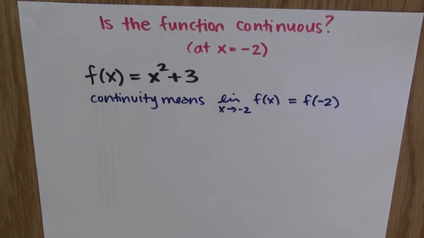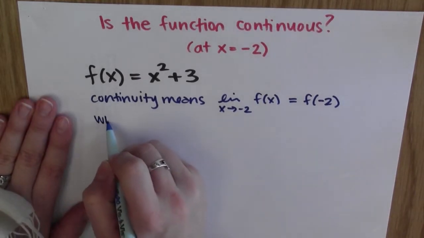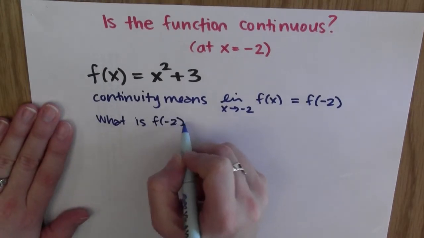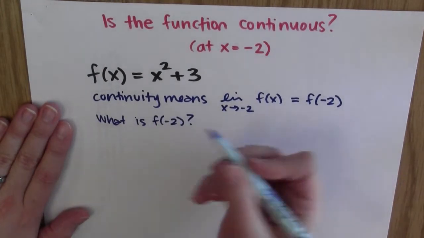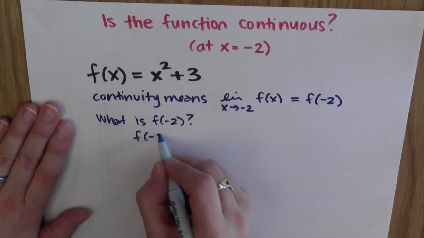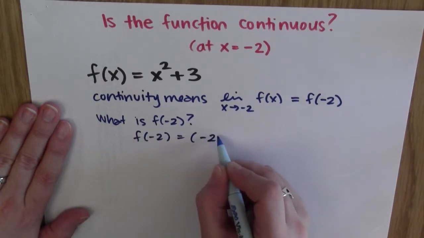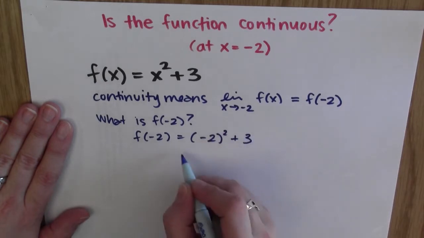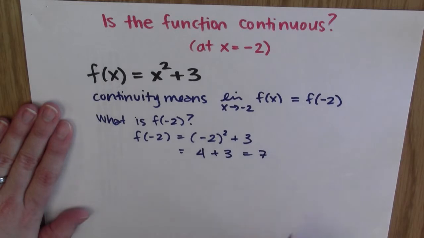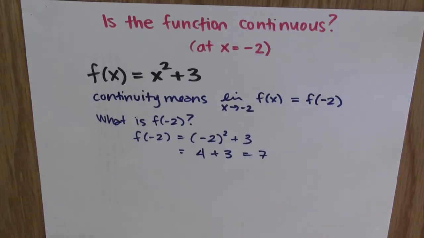So, first let's ask ourselves the question, what is f of -2? Well, I plug in the value -2 everywhere I have x, so f of -2 is -2 squared plus 3. This happens to be 4 plus 3, or 7. So the limit as x approaches -2 of f of x, we want to be equal to 7.